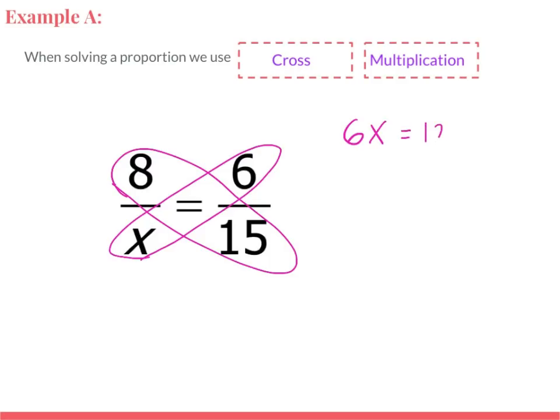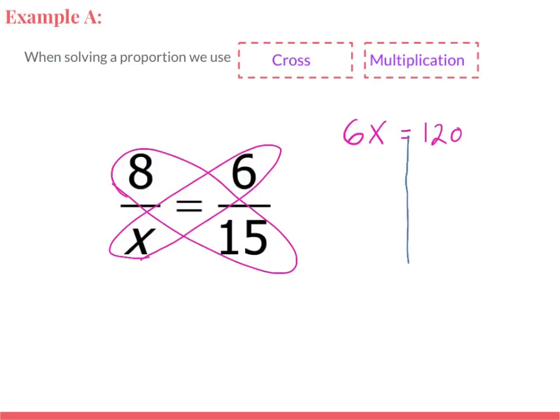Notice I'm going to continue to keep the things equal because I'm still talking about two equal ratios. So now I've got 6x equals 120, and I've got myself a one-step equation. But good news, I know how to solve one-step equations. I'm going to draw my wall down for my equal sign. Then I have 6 times x, so I need to use my inverse operation.